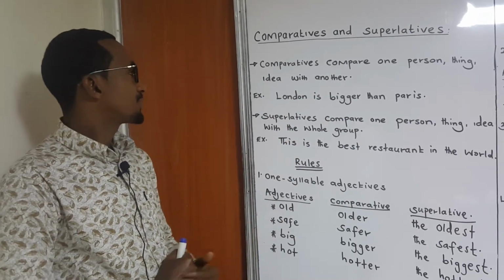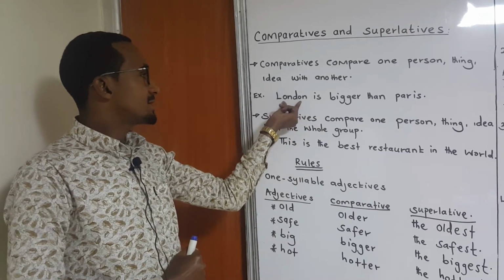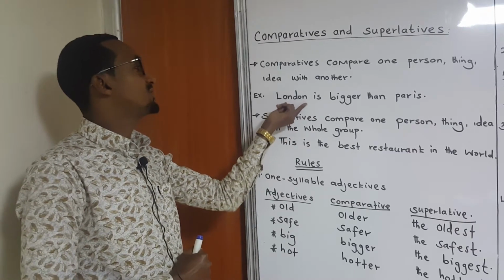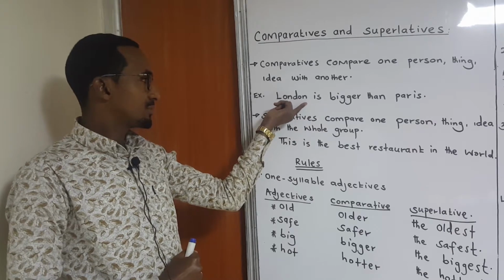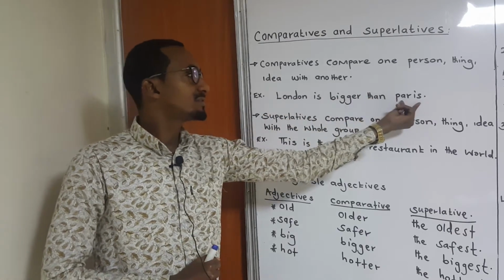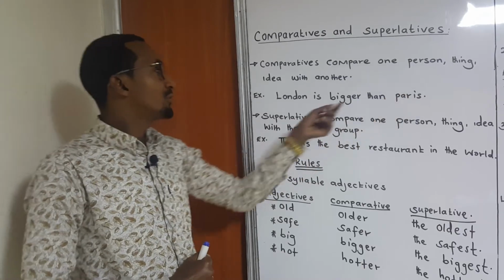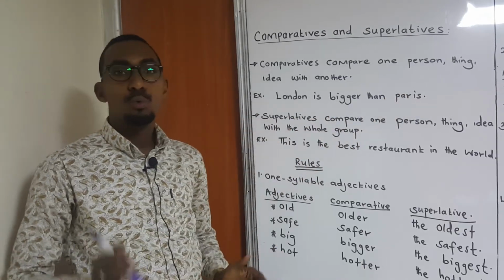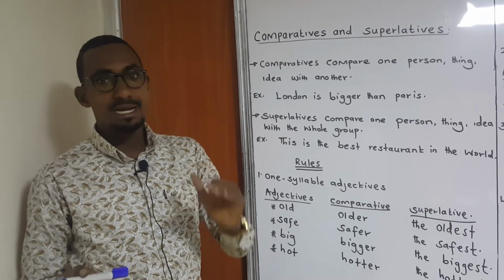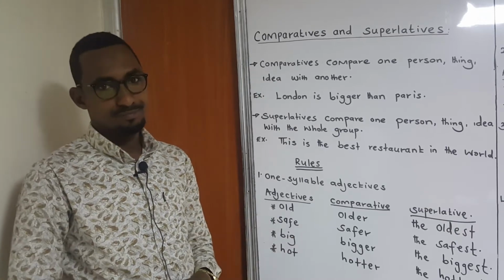For example, London is a city. Paris is also a city. So in this example, we are comparing London and Paris.